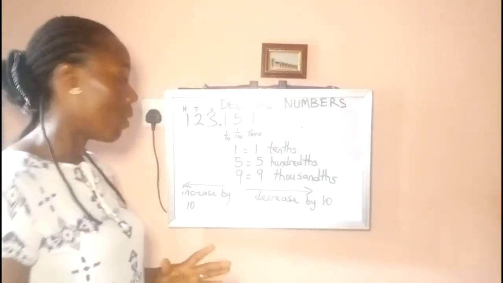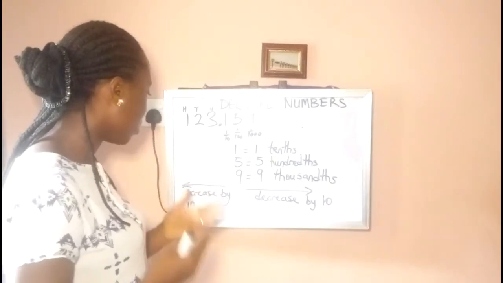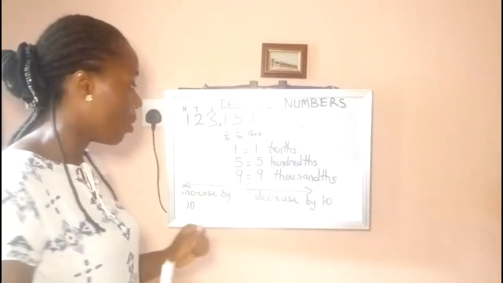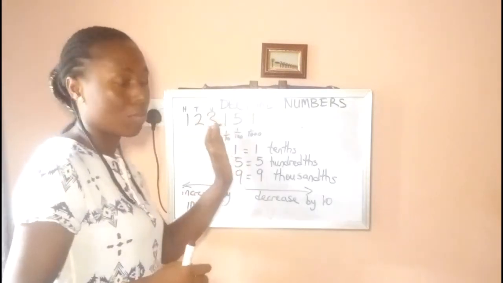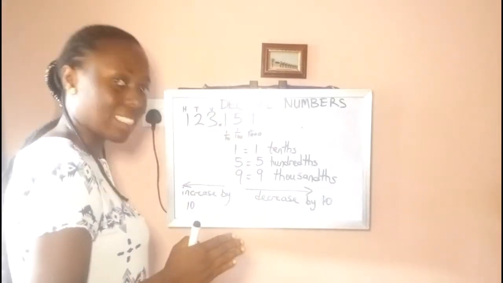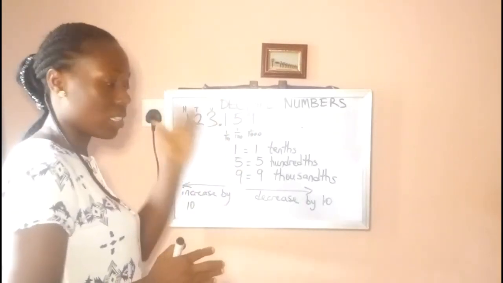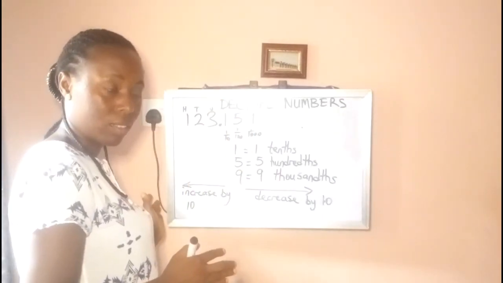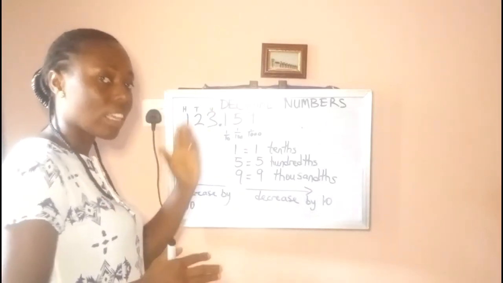Okay? Now, I gave you a simple method, or simple way of knowing these things. Every number before the decimal point increases as it moves towards the left. As each number moves towards the left, they are increasing.